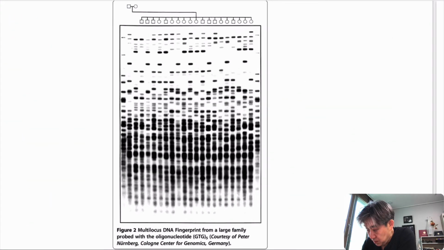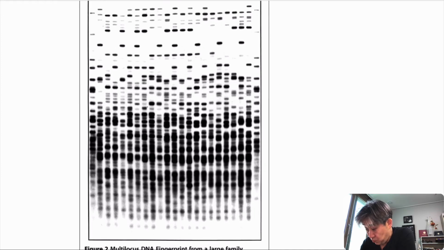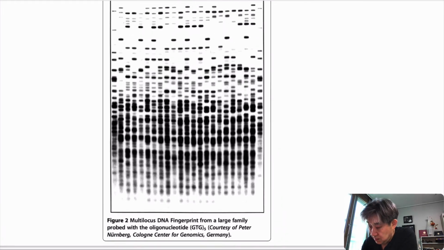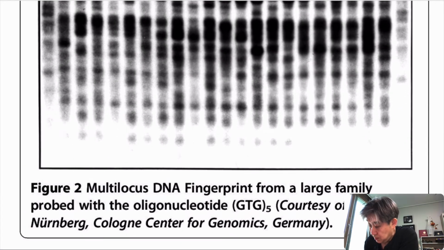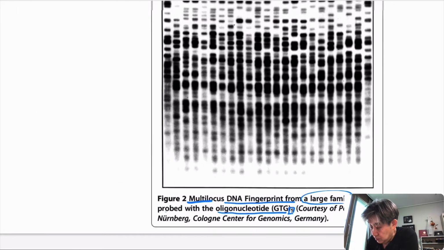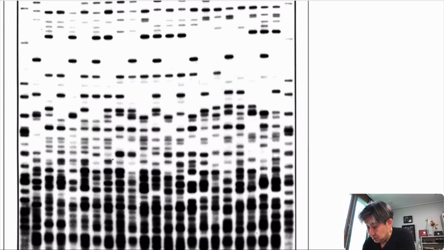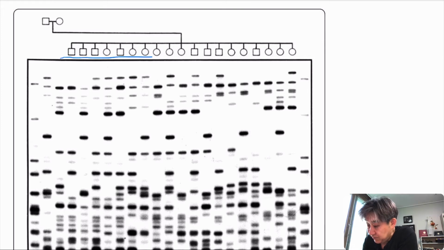So this one, although you may not actually see it well, is a so-called multi-locus DNA fingerprint from a large family using one probe of a GTG 5 times repeat probe, and you have this even in this highly related large family.